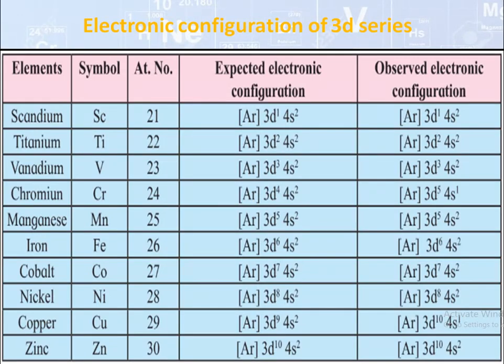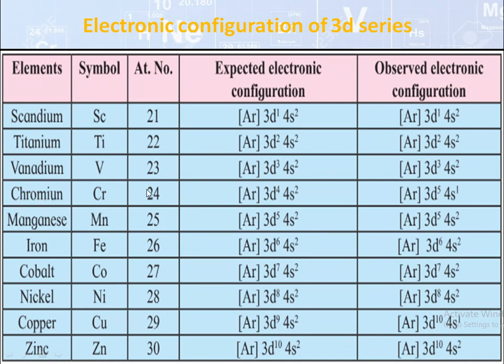So here we can see the expected and observed electronic configuration of the 3d series. For scandium, the expected and observed electronic configurations are the same. For titanium, expected and observed are the same. Vanadium is the same.